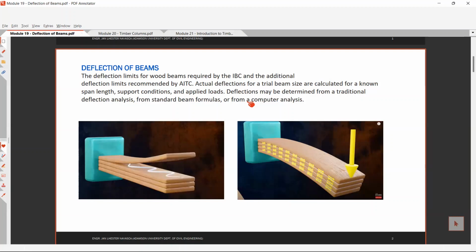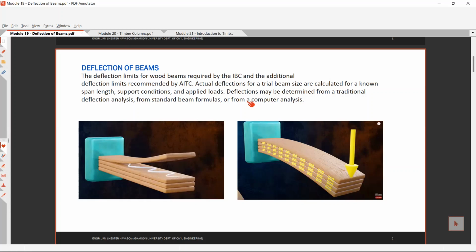The traditional deflection analysis is where you solve for deflection based on the double integration method, the conjugate beam method, or three moment equations. And there are also standard beam formulas.